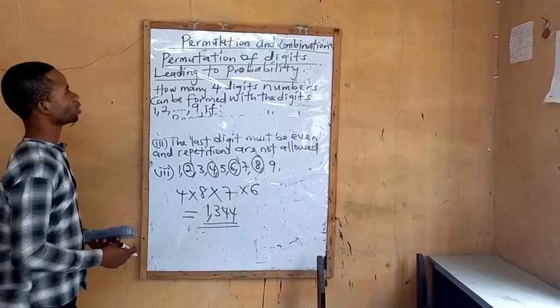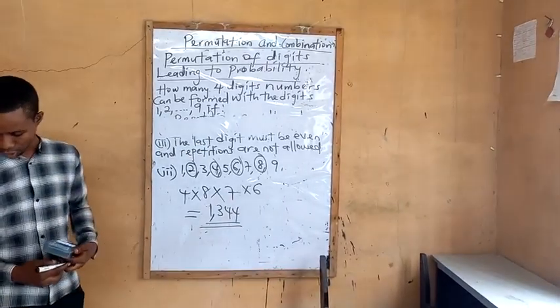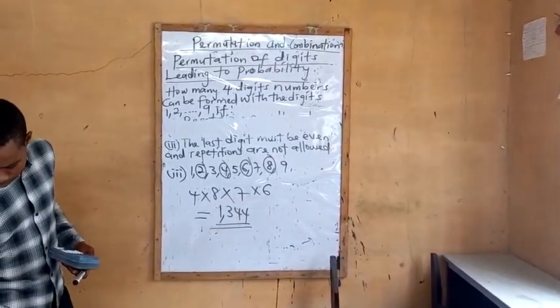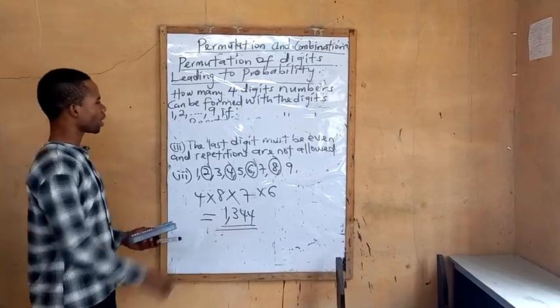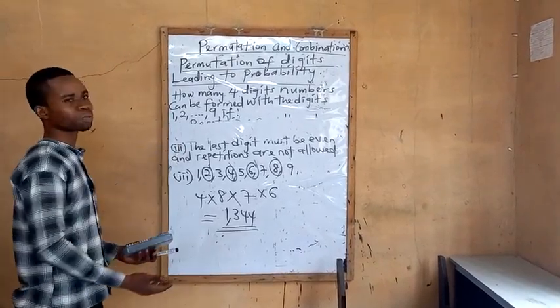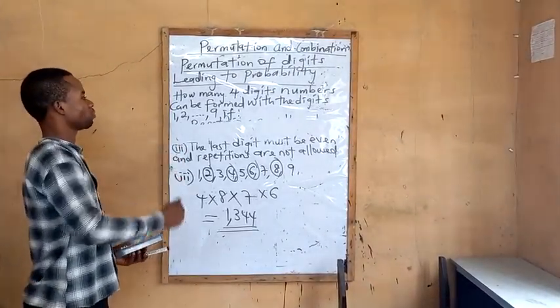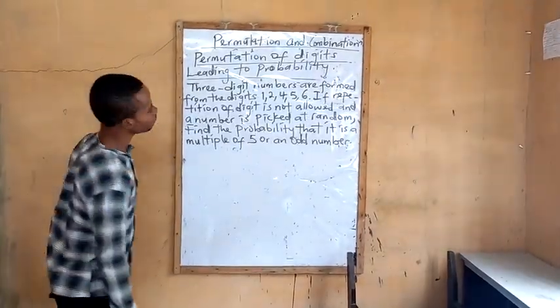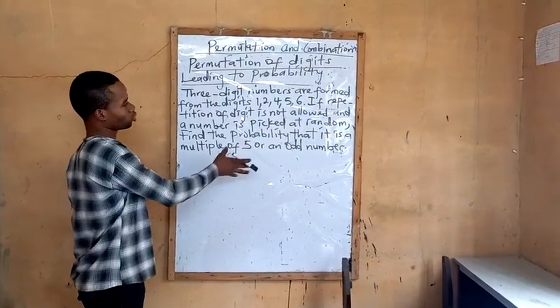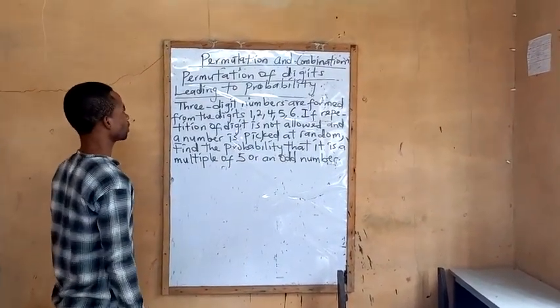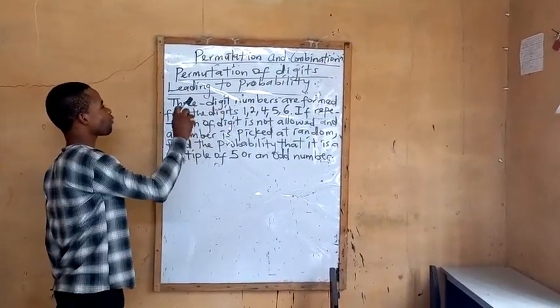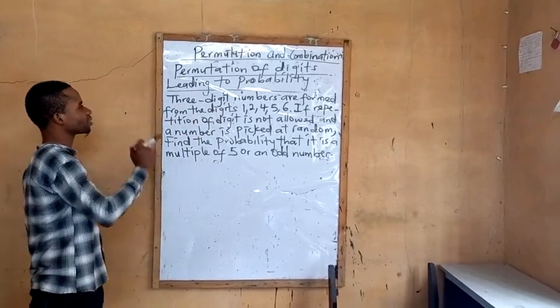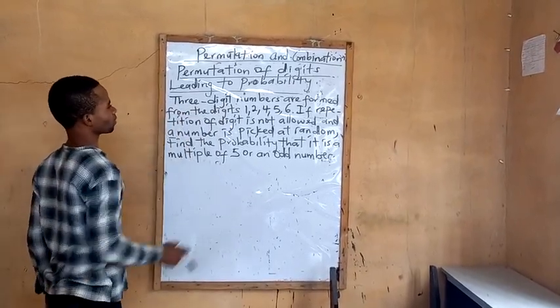That's all about the permutations leading to probability. Now let's take a look at some examples that actually drive us into probability. Now this one is going to drive us into probability straight. It said 3-digit numbers are formed from the digits 1, 2, 4, 5, 6.